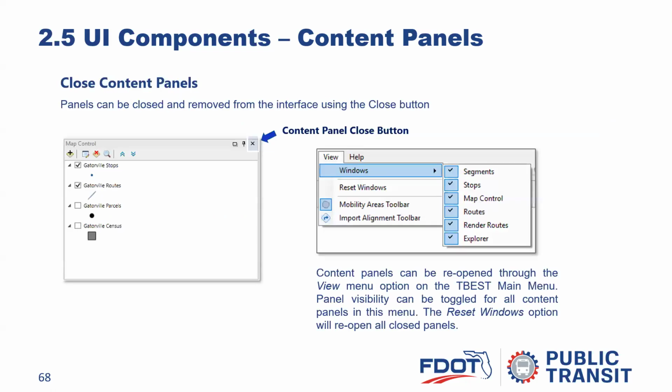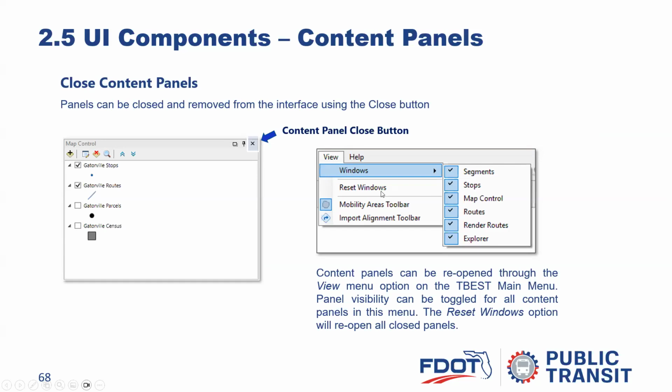All right. So sometimes when you close a panel using this close button, so if you're looking at the map control again, you click that X, then it goes away completely from the interface. So it's no longer visible. If you want to bring it back, you can go to the View menu to Windows, and then it will have a list of the panels that are available, and it will be unchecked, and you would just recheck it, and then it would become visible again.